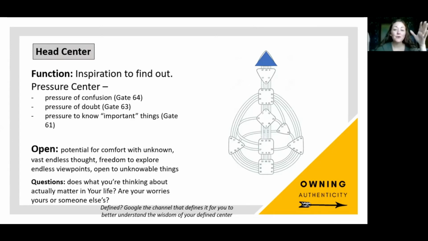If you have it defined, like I said, look into which of those channels is causing it to be defined for you, to better understand your unique way of flowing that inspired thought, solving problems and getting to the bottom of things. There will be more information in the channel for you. If you have it open, we're always going to talk about potential with open centers because, like I said, these are so chaotic because you're soaking up energy.